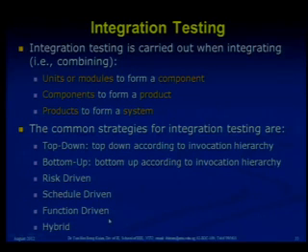Function-driven means testing by use case in terms of the object-oriented approach. Hybrid means a combination of all these approaches. Actually, the most commonly used is the hybrid approach. In practice, it's hard to go solely by one particular approach, so usually you will apply a hybrid approach.